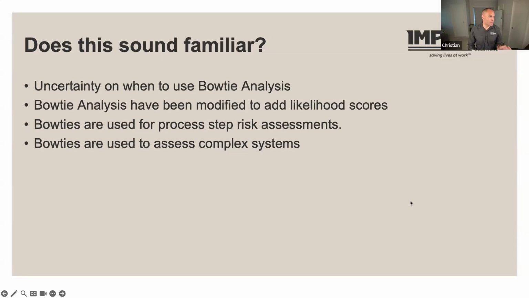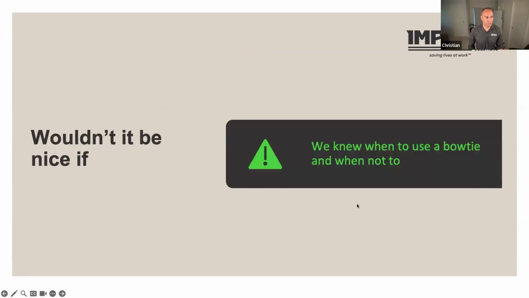And when we see, Matt G, risk of injury too high, yeah, fair enough. When we see some of these confusions, what we're seeing is no one actually has clarity on when we use bow ties, or we've seen, I'll use a crude term, bastardization of a bow tie template because they're trying to make it do some other things like adding likelihood and consequences, or we're using bow ties for multiple step processes or on complex systems.